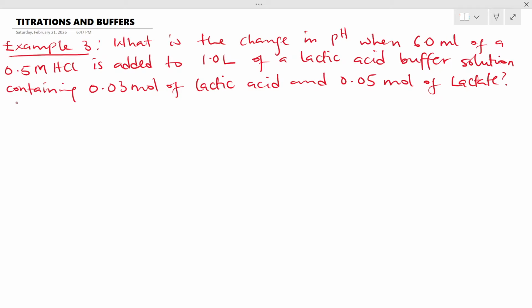So in this case you are given that the pKa of lactic acid is equal to what? 3.86.